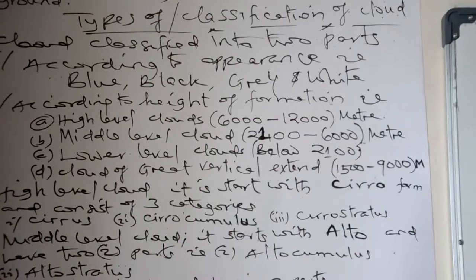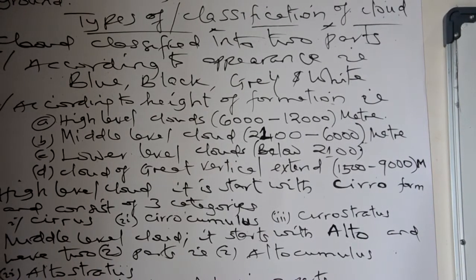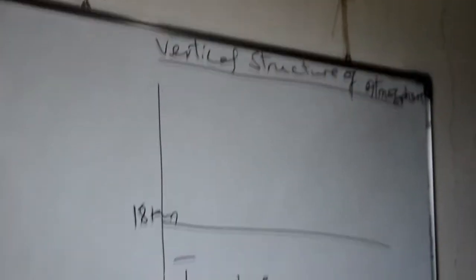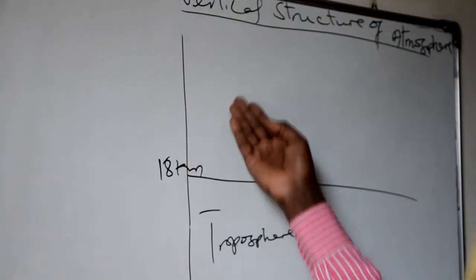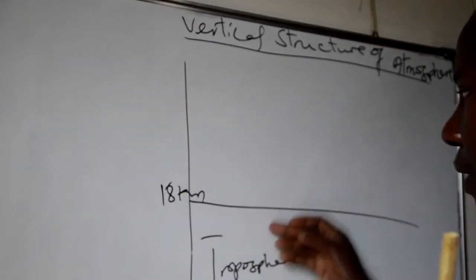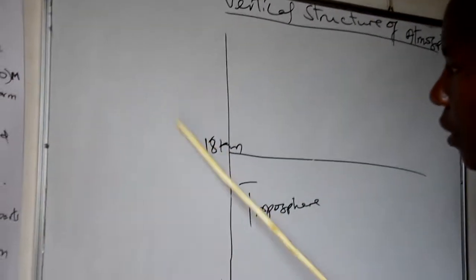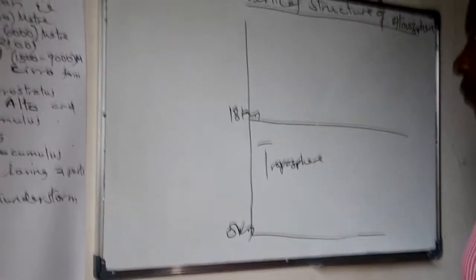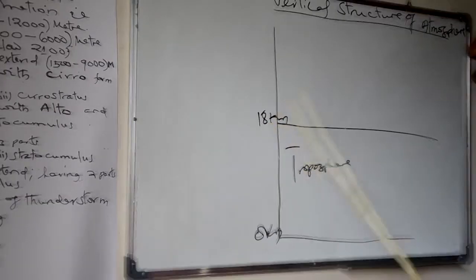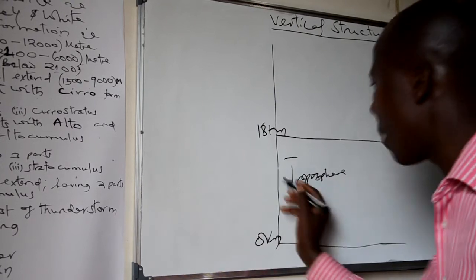Okay, I have to remind you that according to the vertical structure of the atmosphere, we have different layers. As I told you, we started with the troposphere, stratosphere, mesosphere, and the thermosphere. But most cloud formation takes place in the troposphere, which starts from 0 up to 18 kilometers above sea level. Although the troposphere goes from 0 up to 18 kilometers, most cloud formation is from 0 up to 12 kilometers.